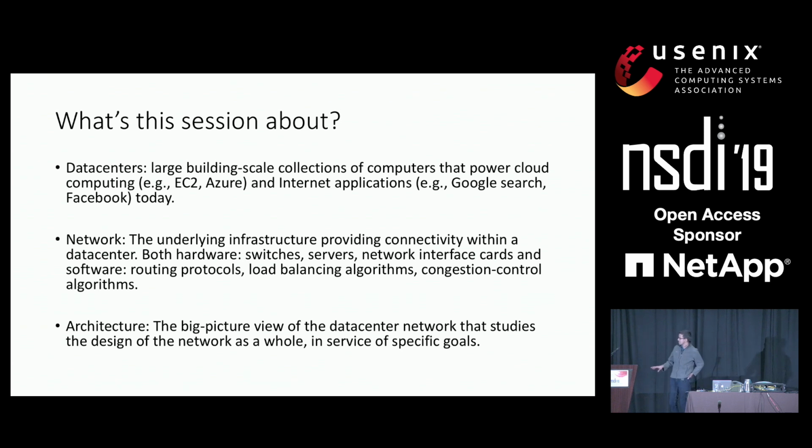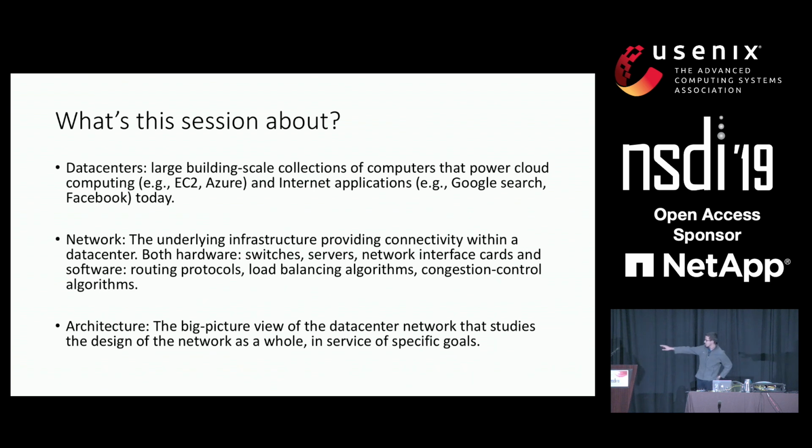And architecture is this big picture view of the data center network that studies the design of the network as a whole without worrying about the individual aspects of, say, a particular load balancing algorithm or a particular congestion control algorithm. So these three are all sort of big picture papers in that sense.